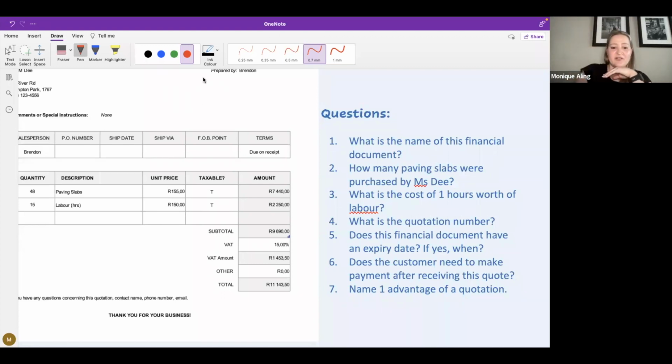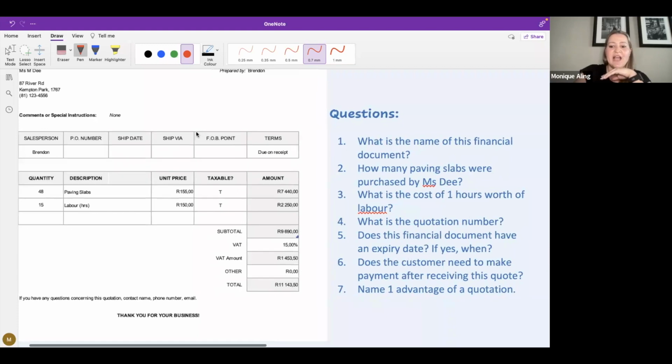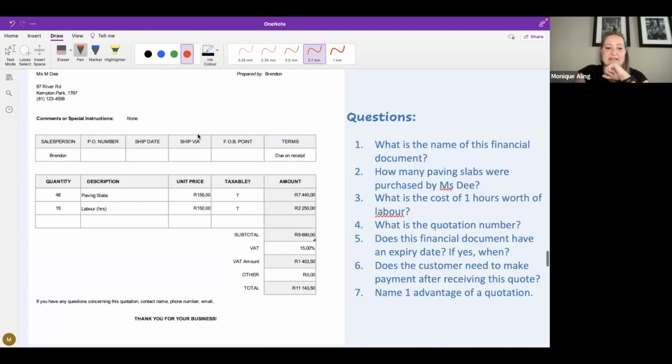Question 2, so still looking at the quotation. How many paving slabs were purchased by Miss D? Ayabonga, do you want to answer for us?